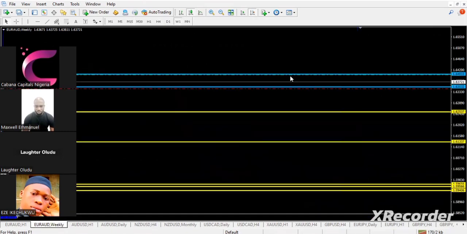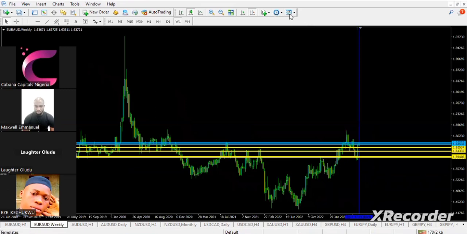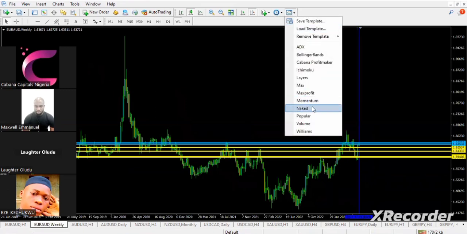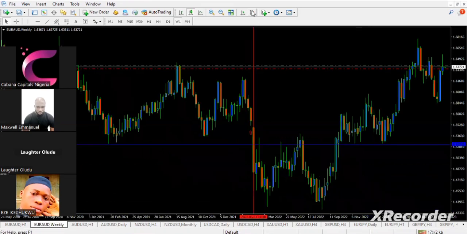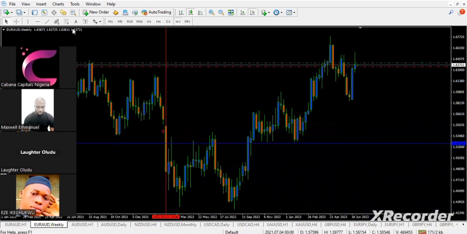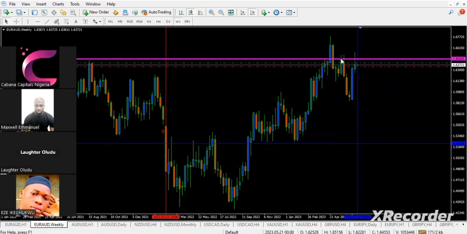But let's see what we have on the weekly. I'm still bullish on Euro Aussie. Last week the candle closed as a shooting star, which indicates a change in trend after hitting this resistance level.